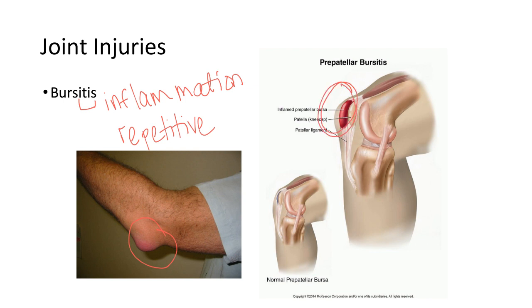There's a bursa there, and so that is irritated and swollen, and so it manifests basically as a lump. There will usually be some redness. Again, treatment for these would be resting it, as well as stopping that repetitive motion, whatever motion is causing that bursitis, so that it doesn't return.